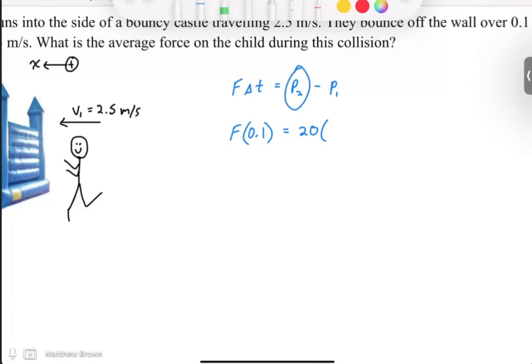It's p2 first, and the final velocity is going to be what I've said is the negative direction. So that will be negative 2.5, minus their mass and their initial velocity, which is positive 2.5. That'll give me 0.1 F equals 20 times 2.5, which is 50.